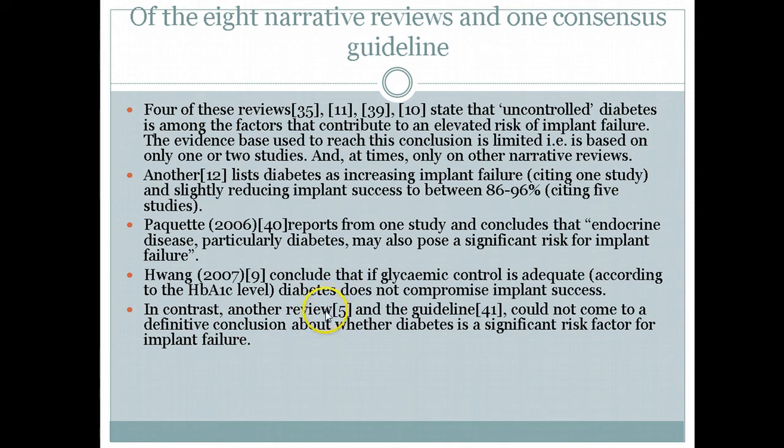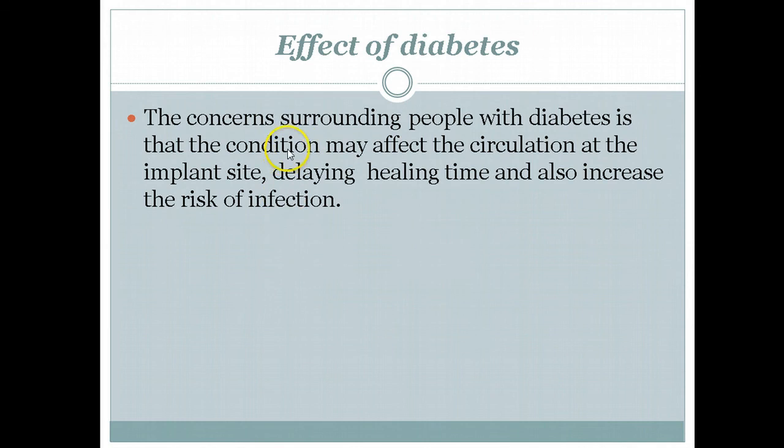in the literature here. So the effect of diabetes: the concern surrounding people with diabetes is that the condition may affect the circulation at the implant site, like we talked about, delay healing time and also increase the risk of infection. So a typical diabetic patient is at high risk of infection and delayed healing. We kind of ingrained that in our head.